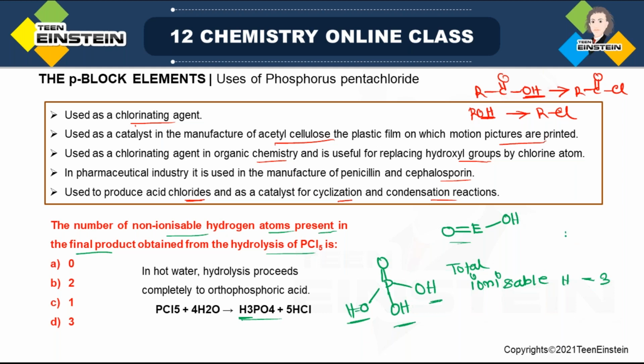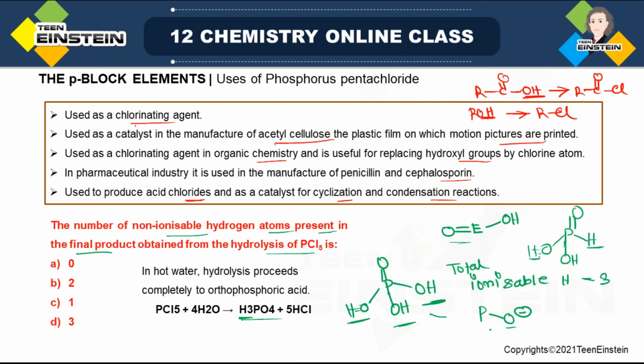But if there is any hydrogen which is attached directly to phosphorus like this, suppose this is the molecule, in that case you can say that this hydrogen is non-ionizable. But if it is attached to oxygen, then only it is ionizable, because there is an electronegativity difference between H and O. So after ionization, if this part is ionized, it will be like this, O minus, because oxygen is highly electronegative, it can carry a negative charge.